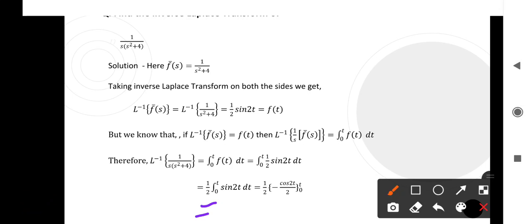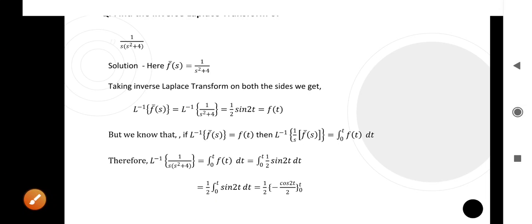Now here we have to use the formulae to find the integration. Integration of sine theta is minus cos theta divided by derivative of theta. Here theta is equal to 2t. So the answer is 1 by 2 is a multiplier as it is.